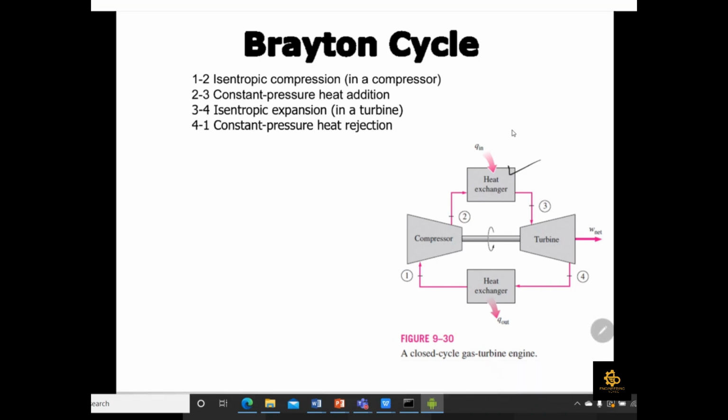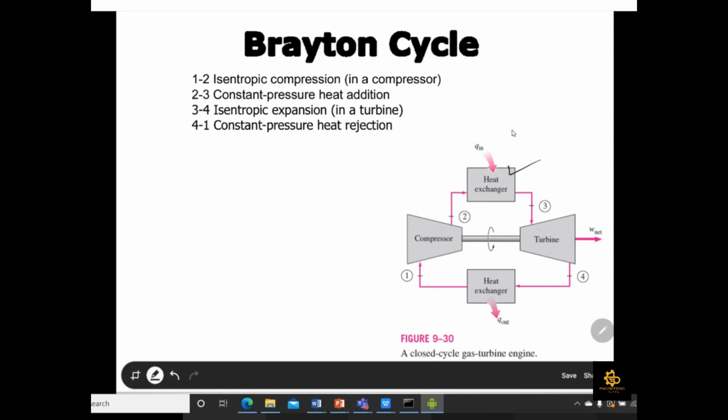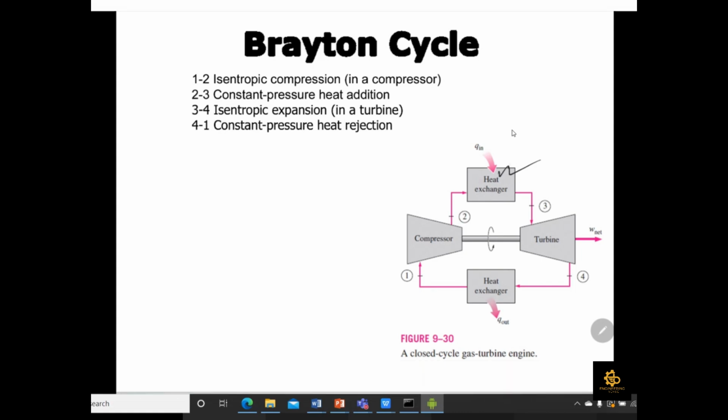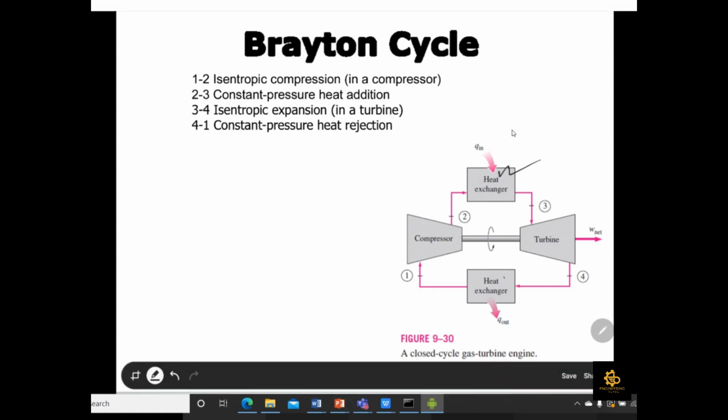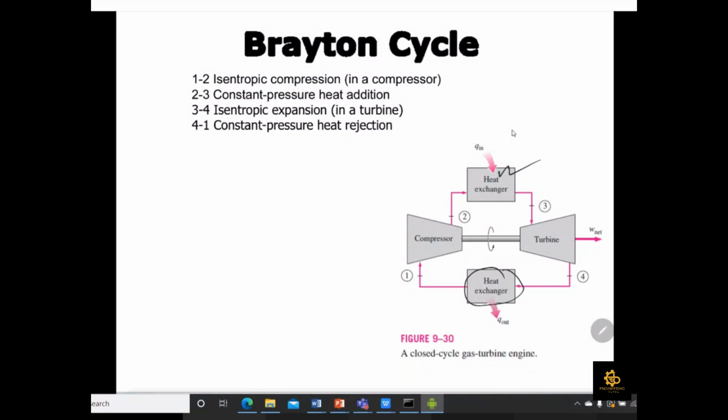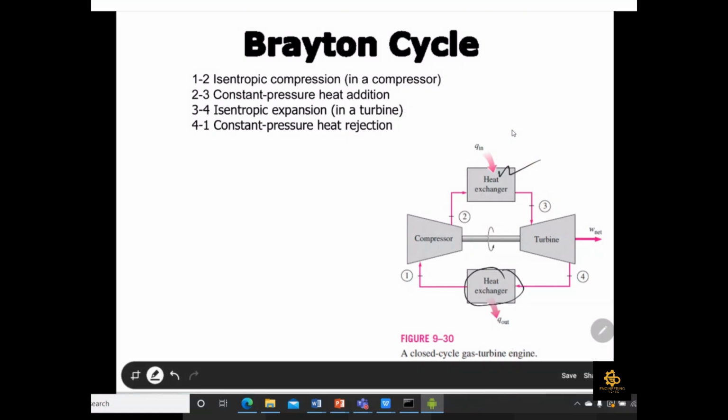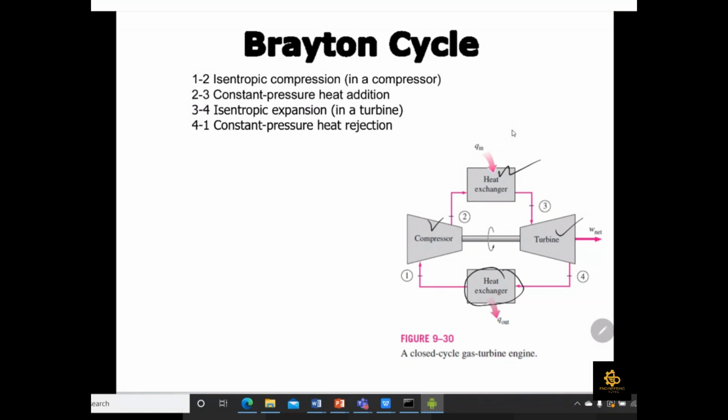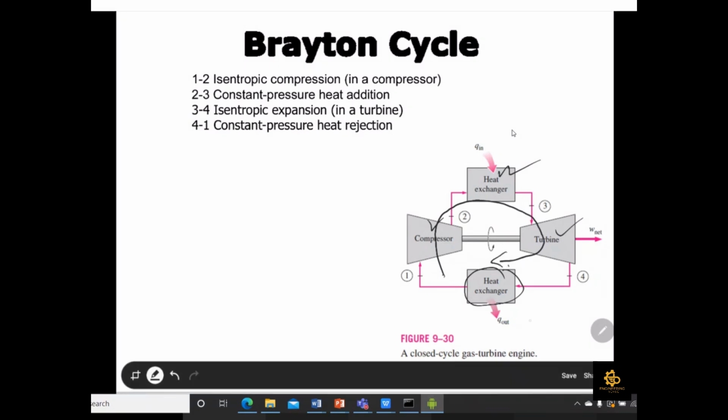For example, we replace the combustion chamber, where combustion takes place, with a heat exchanger, and add another heat exchanger where we reject the heat, and then there will be a turbine and a compressor as well. All the working fluid moves in a closed loop and circulates in the closed cycle. So this is the working principle of the gas turbine, which is the Brayton cycle. In the Brayton cycle, we will see how the TS and PV diagrams look.